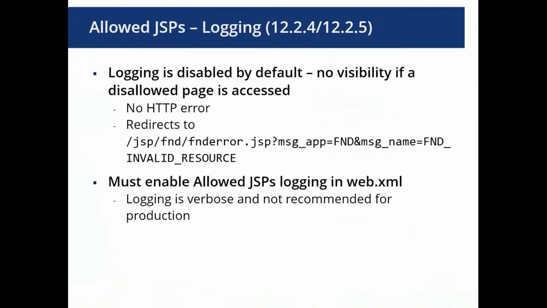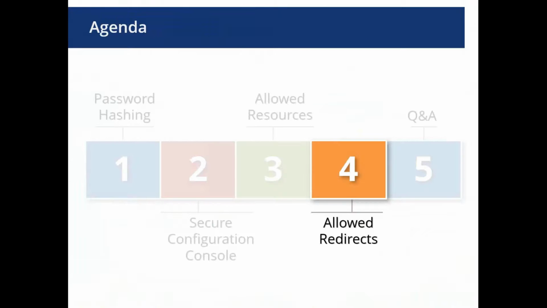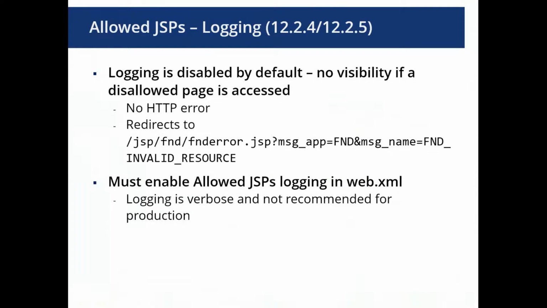Logging is an issue here in 12.2.4 and 12.2.5 in that you had to go through and try to figure out, okay, is someone actually getting blocked? What are the issues there? So again, a little bit error prone, but with 12.2.7, 12.2.8, it's much easier. So that's the fundamental allowed JSP capability. Again, this is very powerful, but it does take a little bit of time and effort.